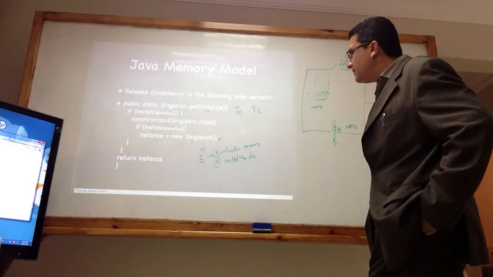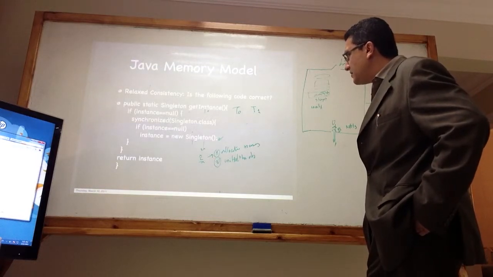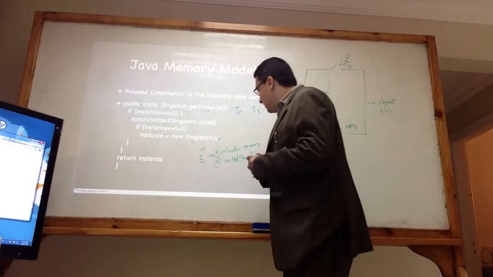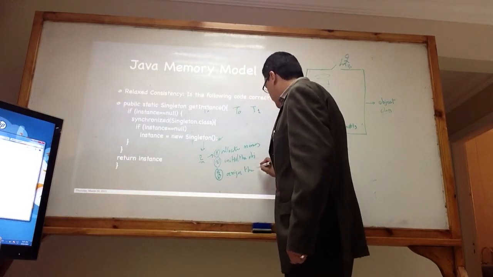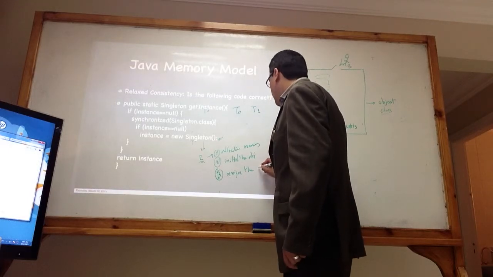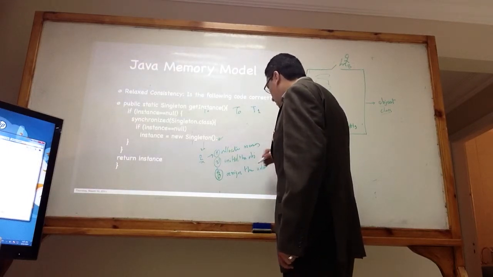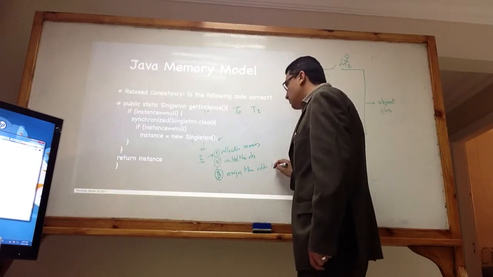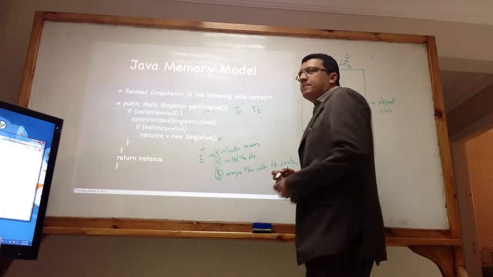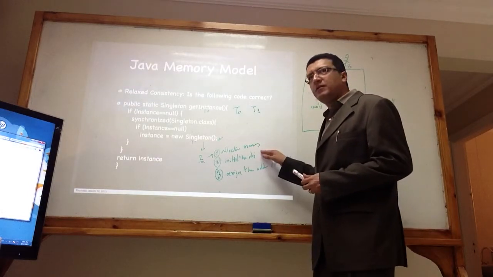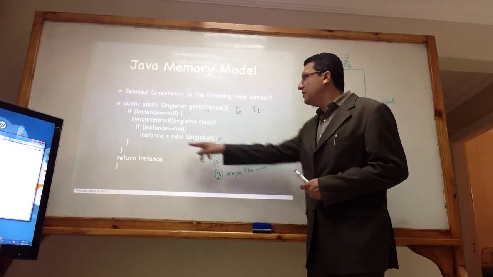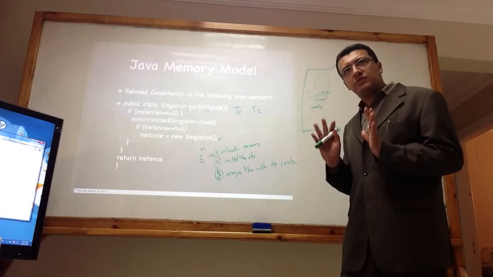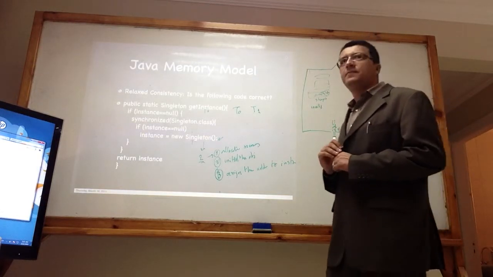And number three, you assign the address of the allocated memory and initialized object to instance. So you allocate memory, you initialize this memory, and then you store the pointer to this initialized memory in the instance. This low-level implementation is what really happens on the machine.